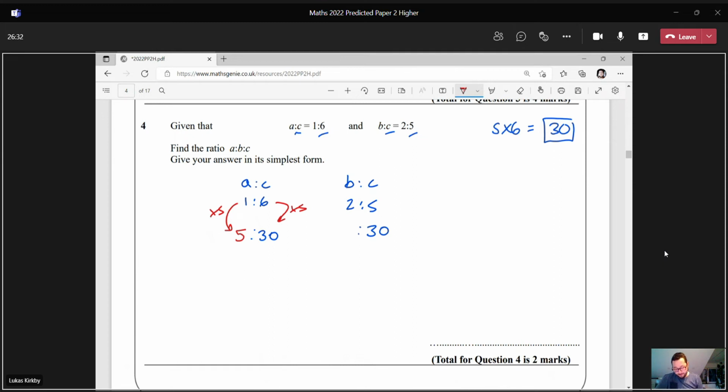And then what's happened to this one? Well, this has been times by 6, and so we'll want to times 2 by 6 to get 12. Okay, and then a to b to c is just going to be 5 to 12 to 30, and that can't be simplified, mainly because 5 is prime. Okay.